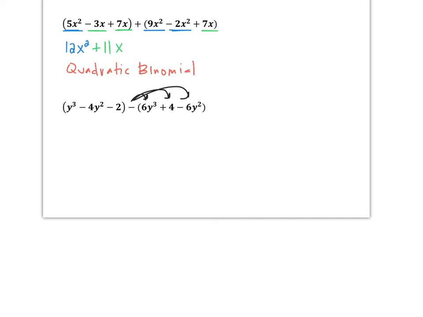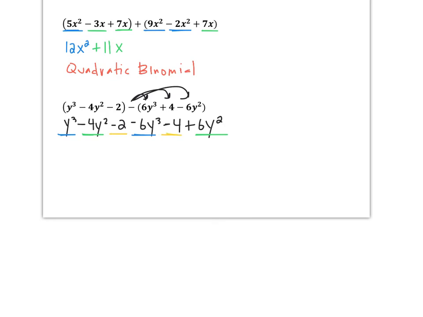We'll rewrite this as y cubed minus 4y squared minus 2 minus 6y cubed minus 4 plus 6y squared. All right, find our like terms. There's y cubed, and there's a y cubed. We have a y squared and a y squared. And we have our constant terms.